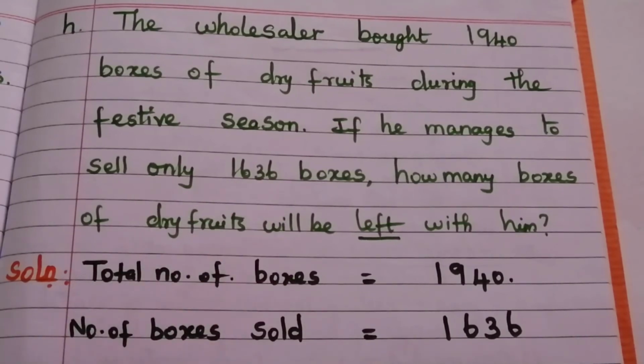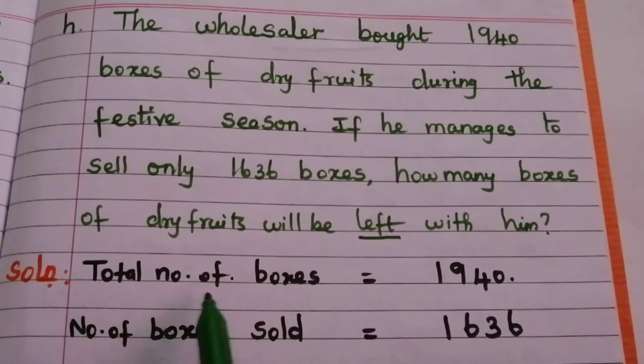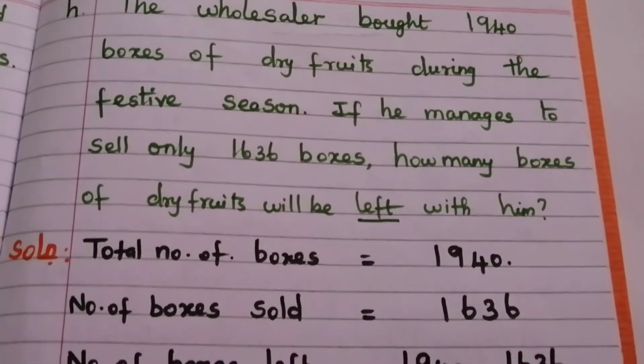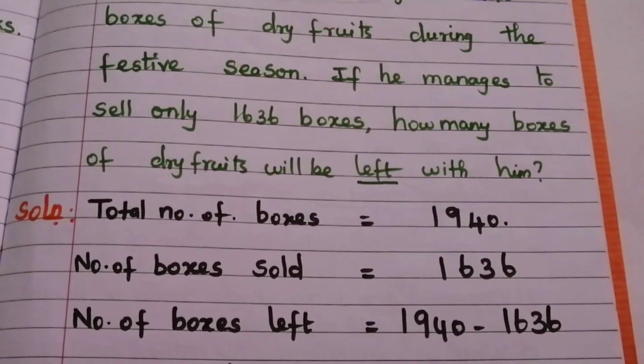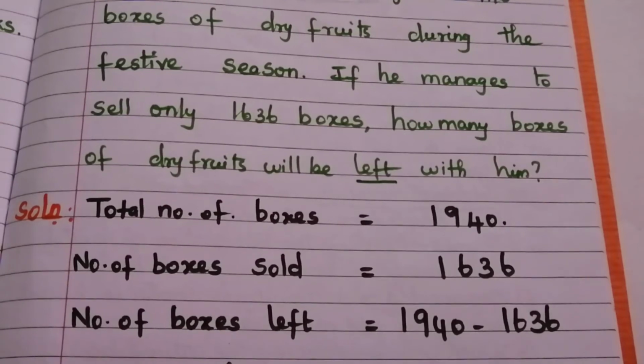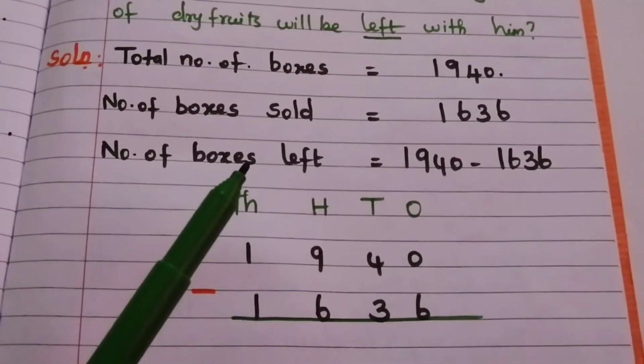We have to find the number of boxes left with him. So in solution part, we write total number of boxes equals 1,940 and number of boxes sold equals 1,636. So number of boxes left with him equals 1,940 minus 1,636.